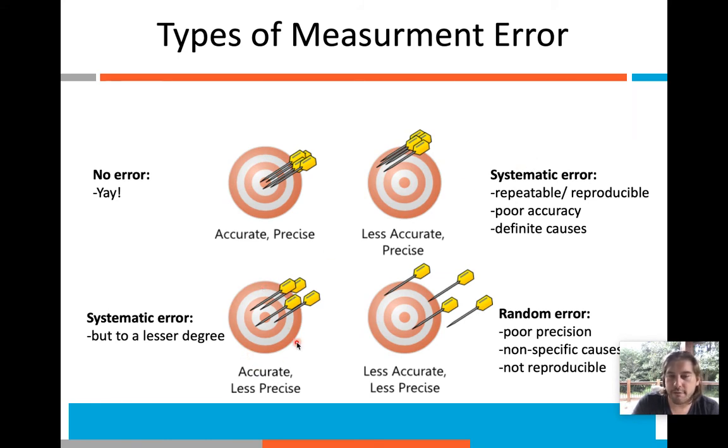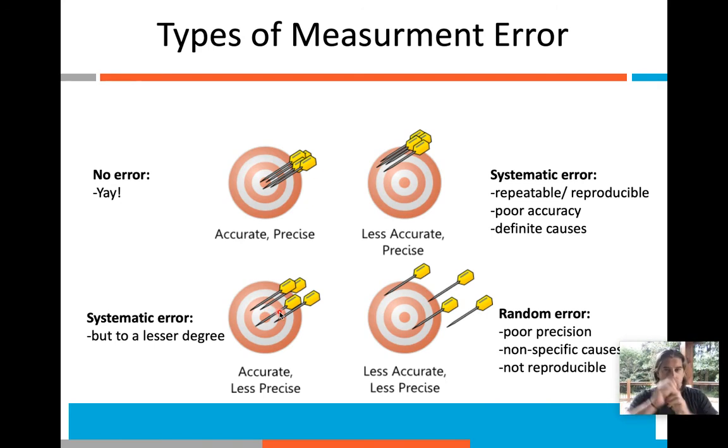Our bottom left. So this is maybe the most difficult situation to understand, I think, because we could say that this measurement tool is accurate, is valid, because if we average all the different measurements, right? If we average all the darts, they average to the bullseye.